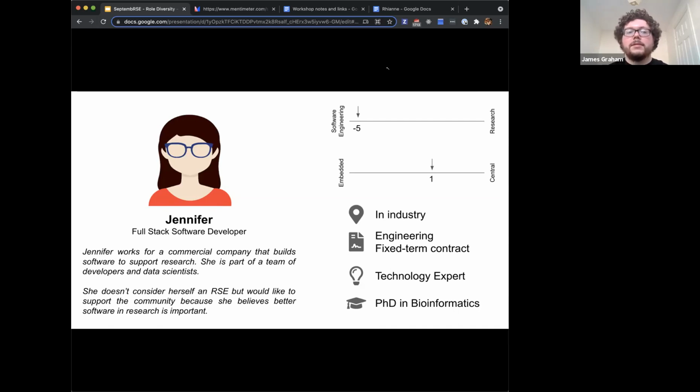If the product was designed to be used by research software engineers, then absolutely this would be the community for her to be part of. But if it's a more domain specific product, then it would probably better suit her to be a member of the community around that domain. And that was what we thought.